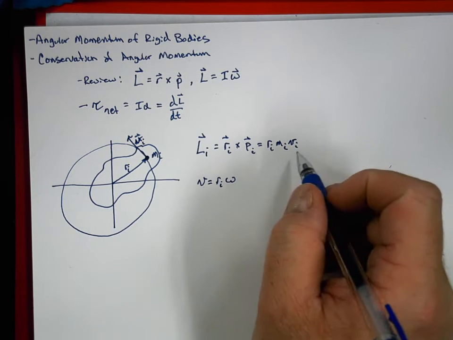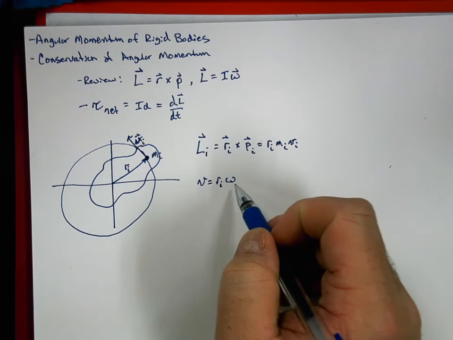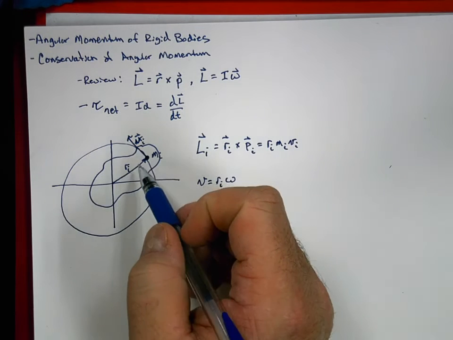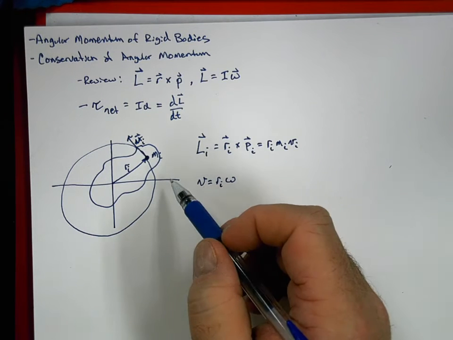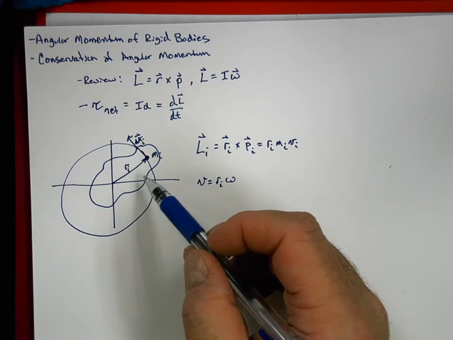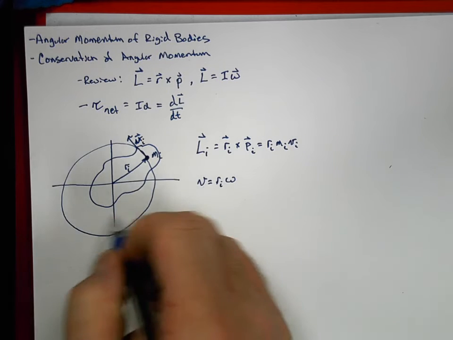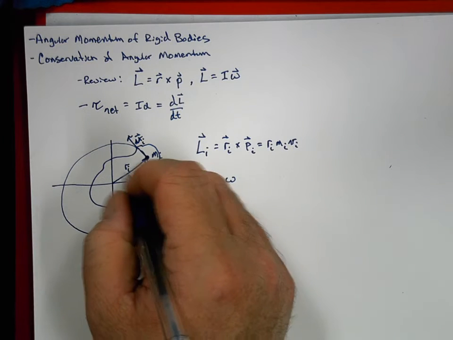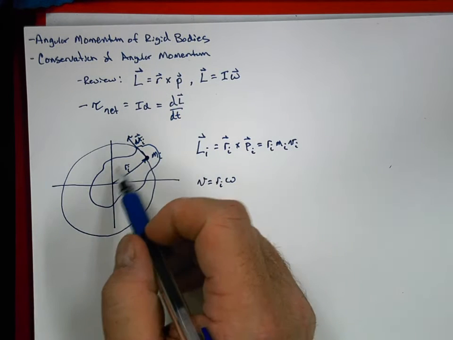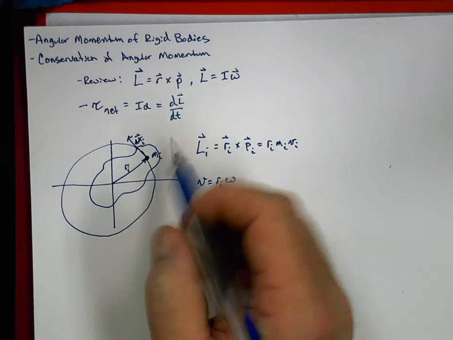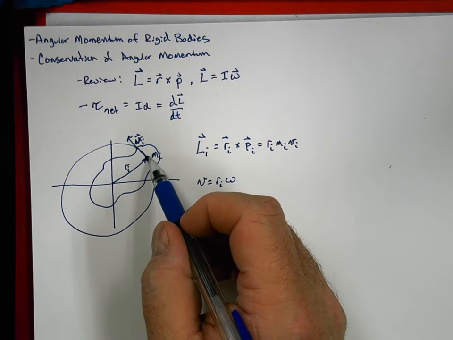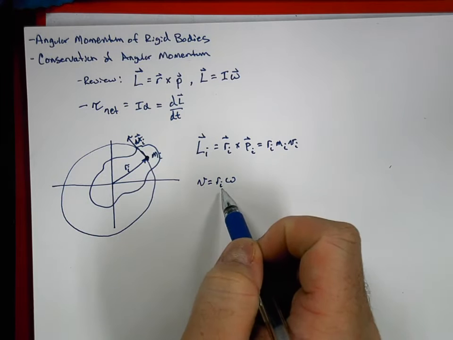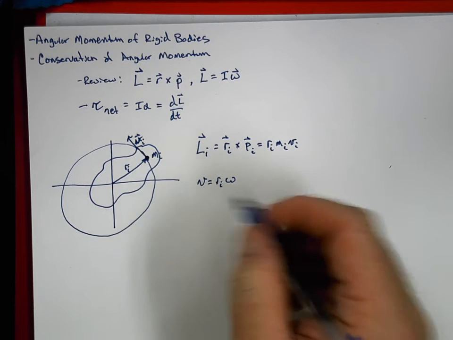Notice that there's no i on the omega: no individual piece has an omega that's different from any others, because this entire body is rotating with the same angular velocity, sweeping out the same d theta dt as it goes around. It doesn't matter where this particle is; its velocity is always its radius times whatever angular velocity it has.